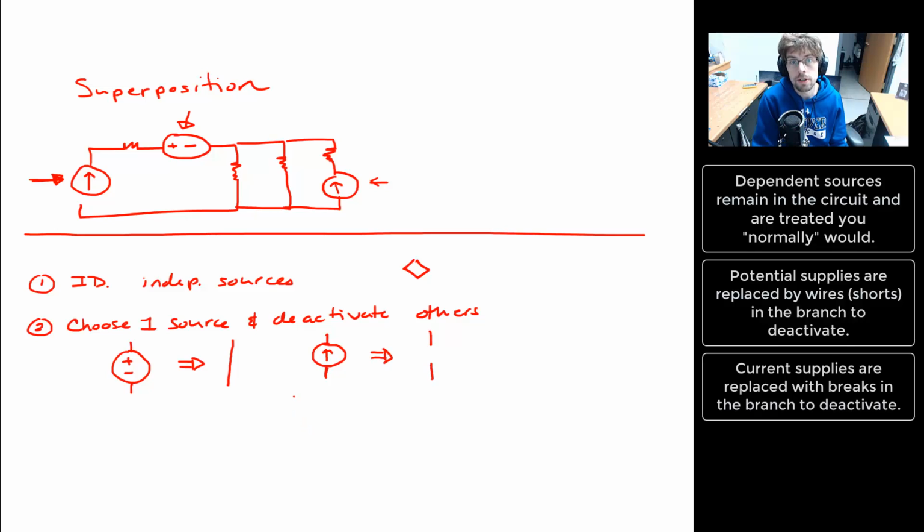In other words, a path through which no current is available to flow. And hopefully that appeals to the intuition. To deactivate a potential supply, we put in an equipotential. To deactivate a current supply, we put in a break.